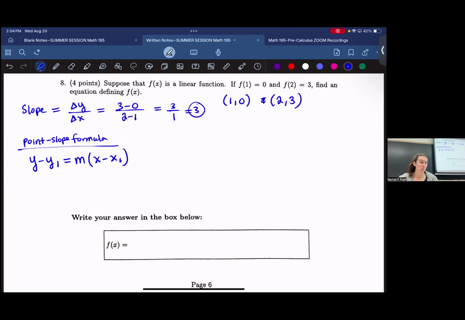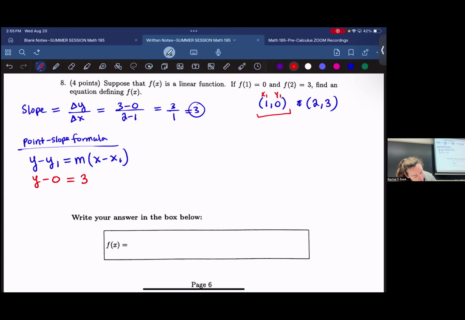It does not matter which point you use, but I personally like using the easier one, aka I'm going to make y be 0. So we have y minus 0 is equal to, our slope is 3, times x minus 1.